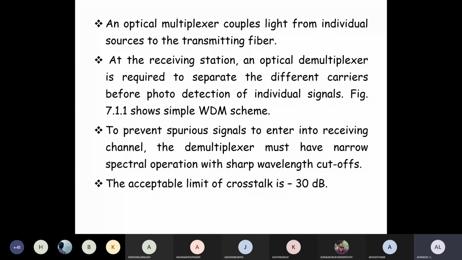At the receiving station, an optical demultiplexer is required to separate the different wave carriers before photodetection of the individual signals. Okay. For this particular thing, the figure has been shown. In the figure, it has been represented. That is a simple WDM scheme.